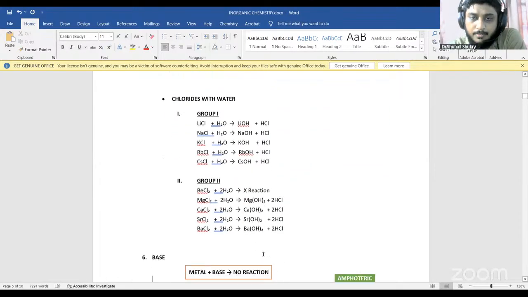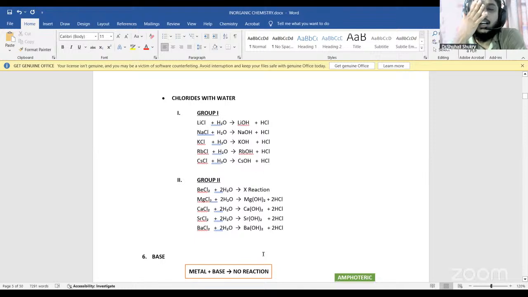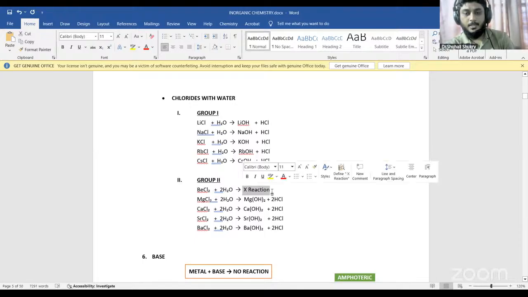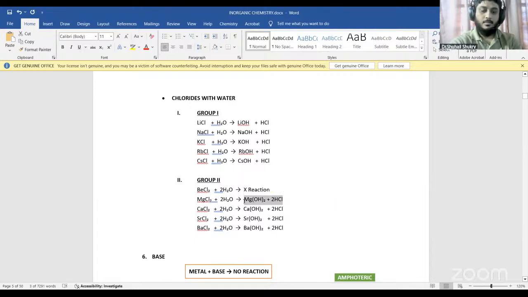Chlorides with water. After making the chlorides, the next step is we put them into water. When we put them into water, what will happen? They produce the hydroxide and HCl. Lithium chloride gives lithium hydroxide and HCl. Beryllium chloride with water gives beryllium hydroxide and HCl.